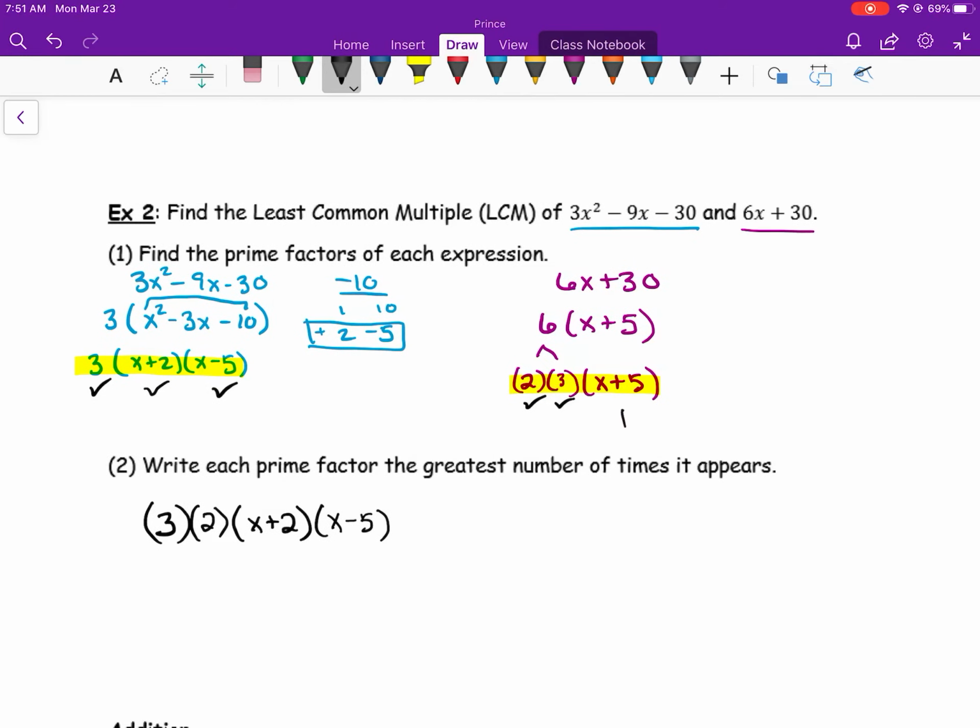So x plus 5, then we have that over there. One time on the right, none on the left. So at most, one time. Boom. So all of my terms are now accounted for. I have everything going on right here.